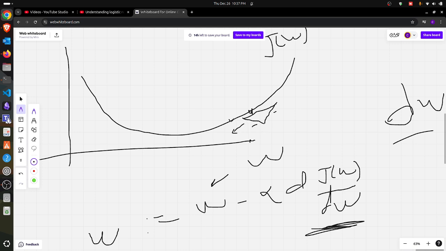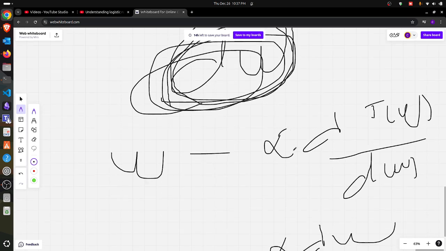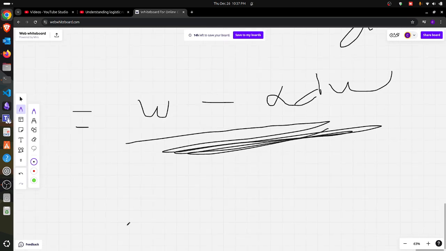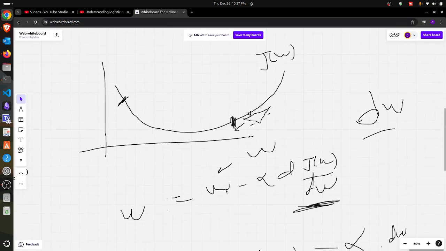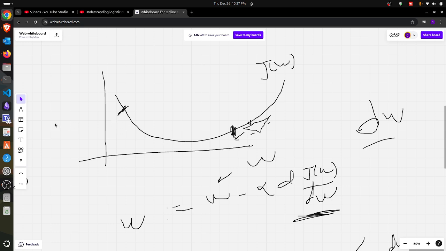So that's what it means. And if we start from the other side, just the opposite happens: the whole thing will be positive, and we are going to take a step in the right direction. That's how it works.